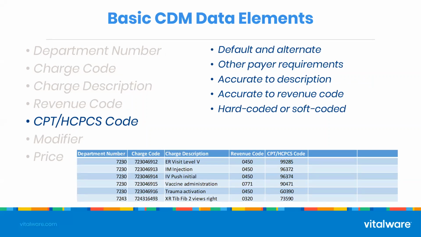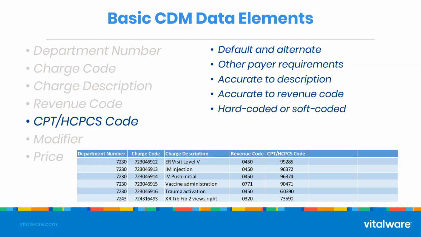Next, we have the CPT and HCPCS code. So these would be the CPT or HCPCS code that is published that represents the particular service or item that you are charging for.